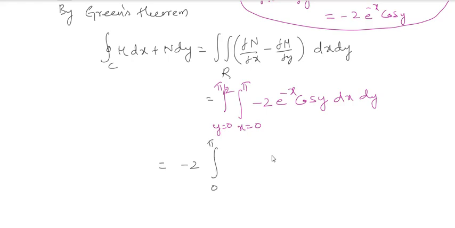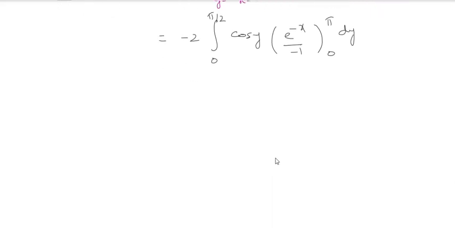So 0 to pi by 2. Cos y is a constant. The integration of e^(-x) is e^(-x) divided by minus 1, from 0 to pi, dy will be there. So substitute it. Minus 2 into integral 0 to pi by 2, that minus will be plus, cos y into e^(-pi) minus e^0, dy will be there.